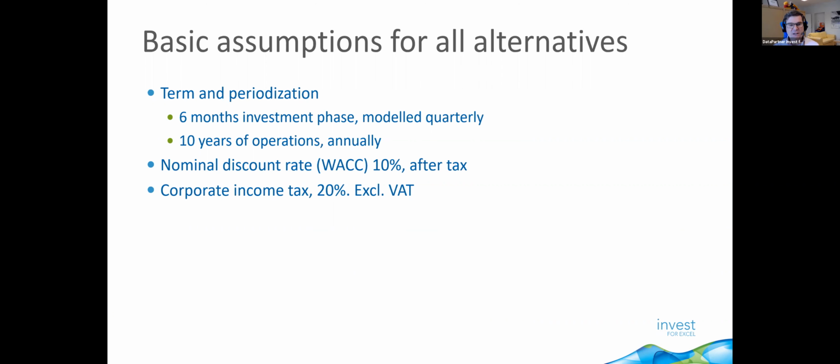Basically, it's an investment in a production line that can be used for 10 years, and we reserve 6 months for the investment phase to build the production line, and we have a required rate of return of 10% after tax, and we make a nominal calculation, so we include inflation, and we also include tax.